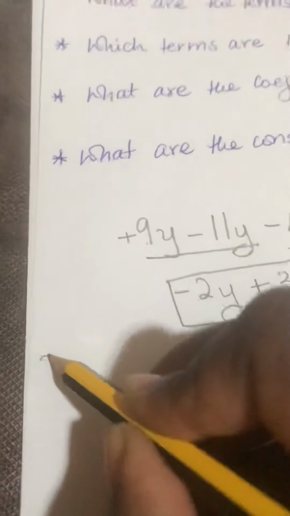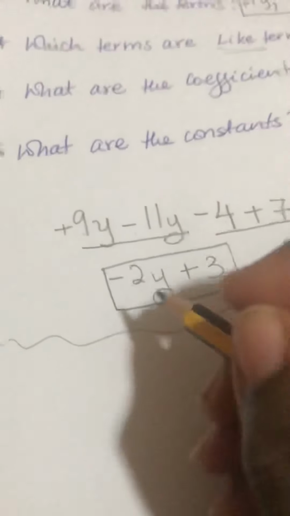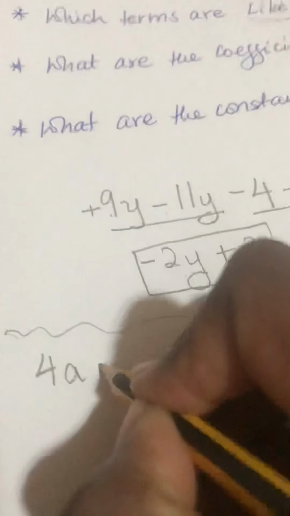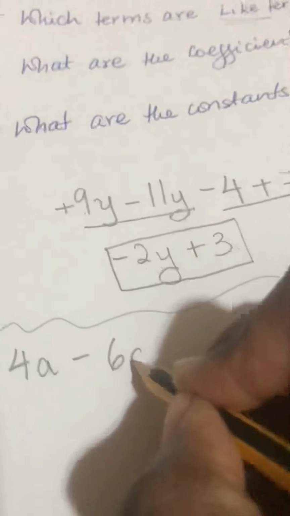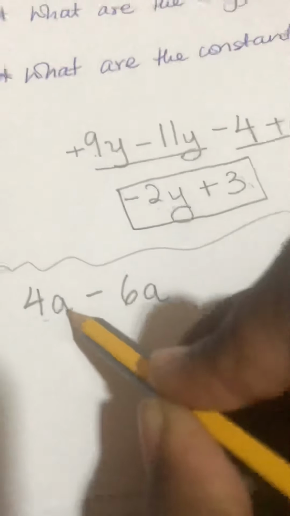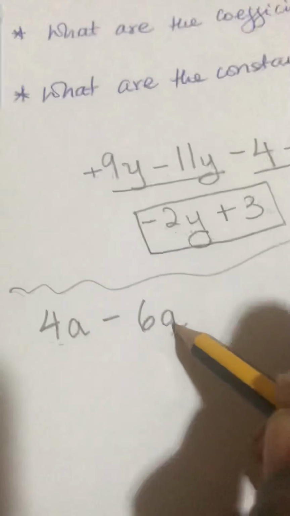So let's do another example. Let us do 4a minus 6a. I can subtract because they both have the same term a.